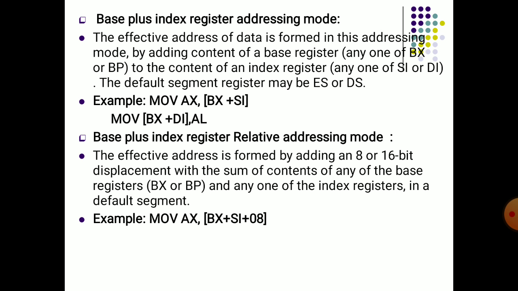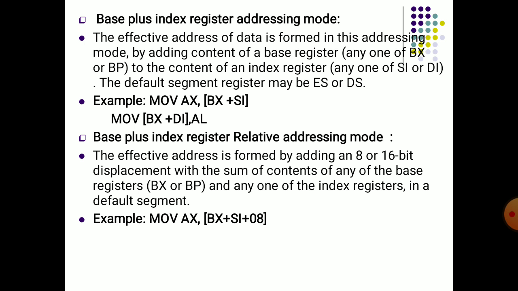Okay, now the next addressing mode is base plus index register addressing mode. You can analyze it from the name itself. The base register here is the BX register. For the index, we have two types of registers: source index and destination index.